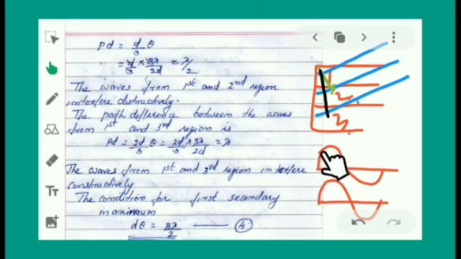That means the phase difference is 2 pi, and the waves interfere constructively. So the waves from the first and second region interfere destructively, and the first and third region interfere constructively. So the point P corresponds to the first diffraction maxima, the first secondary maxima.